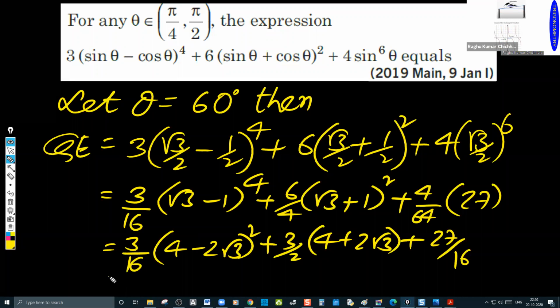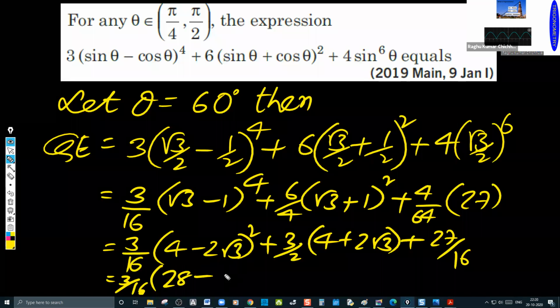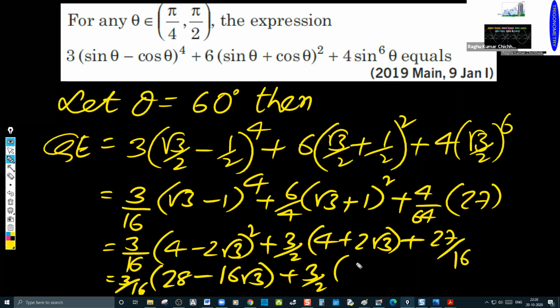Correct, no? Now it will be simplified. 3 by 16 into, if you square it now, 16 plus 12, it is 28 minus 4 2's 8, 2's 16 root 3, plus 3 by 2 into 4 plus 2 root 3. Or you can eliminate the 2 also.